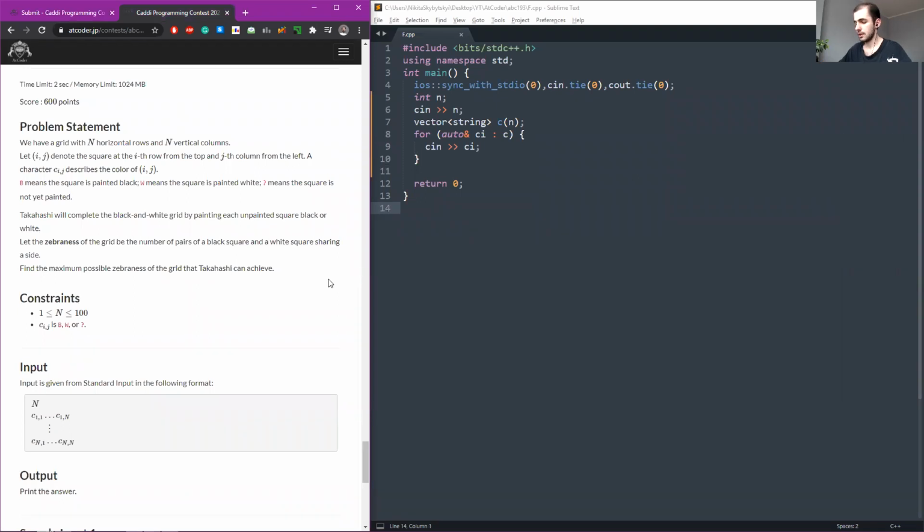We have some grid and we have question marks. And the problem is when several question marks are adjacent, what do we actually do with them? It becomes unclear.